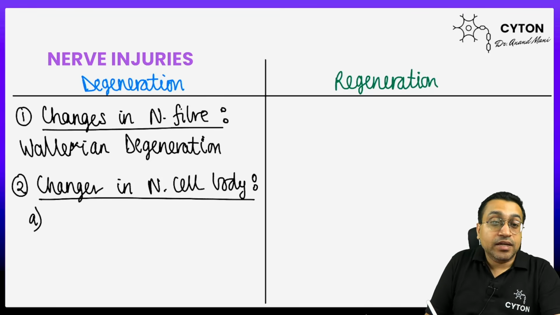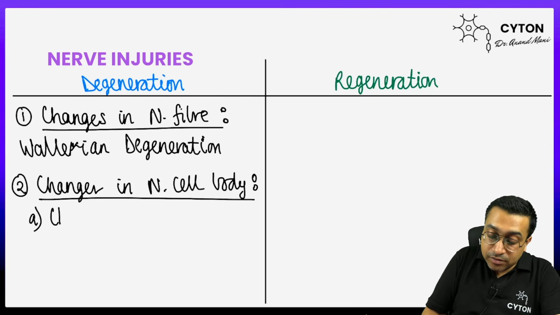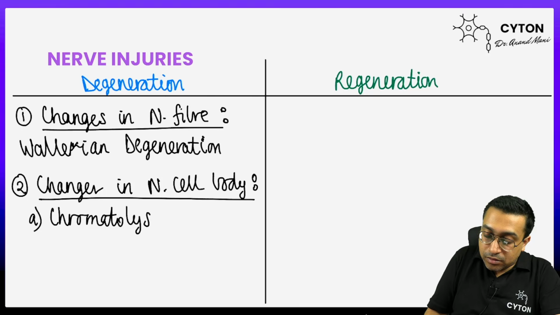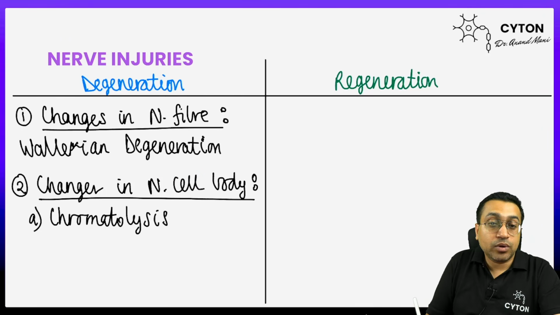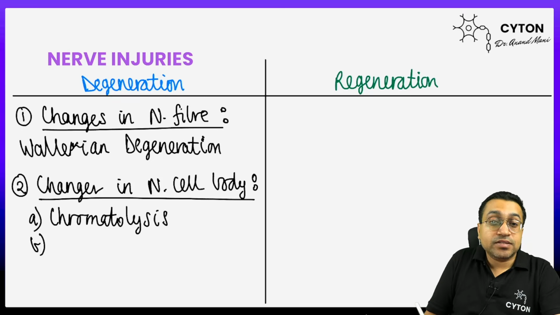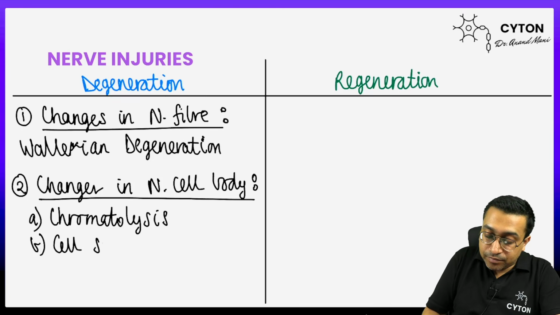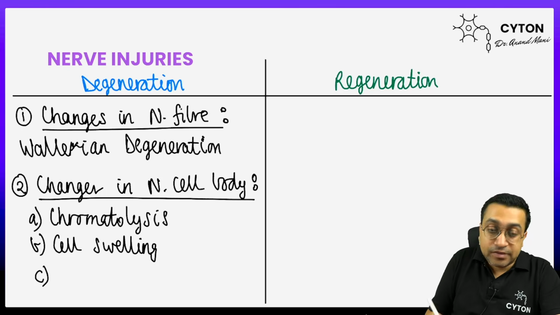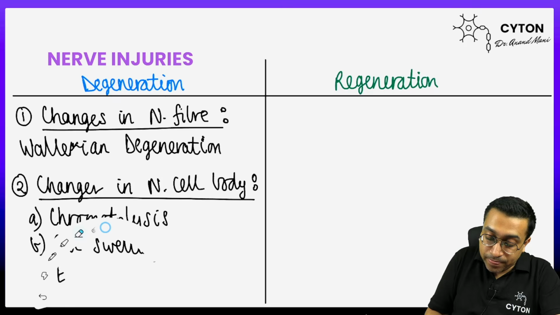Number A, chromatolysis, that is disintegration of the Nissl bodies. Number B, cell swelling. C would be the nucleus shifts to an eccentric position.